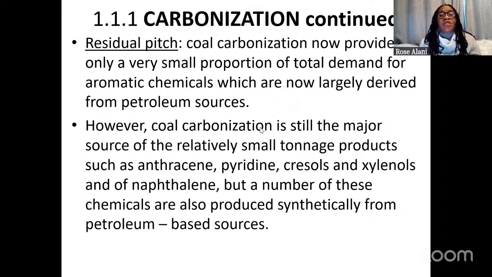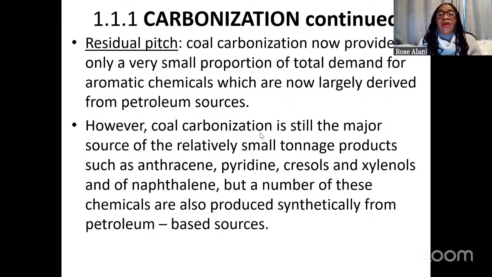So we have the residual pitch. Coal carbonization provides residual pitch as part of the fractions of the distillation of coal, the heavier fraction.